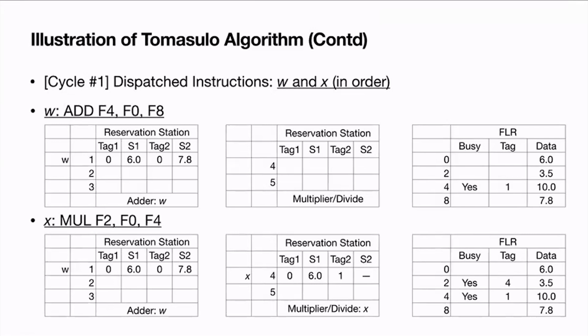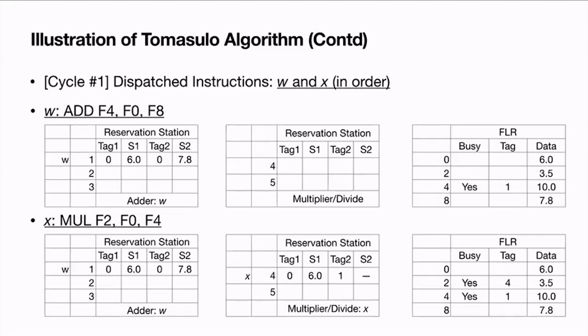And F4, when I go to the FLR, says this is currently busy, and reservation station entry 1 is going to produce a value. So we take that 1 and put it into the tag field in the multiplier reservation station entry for the second operand.